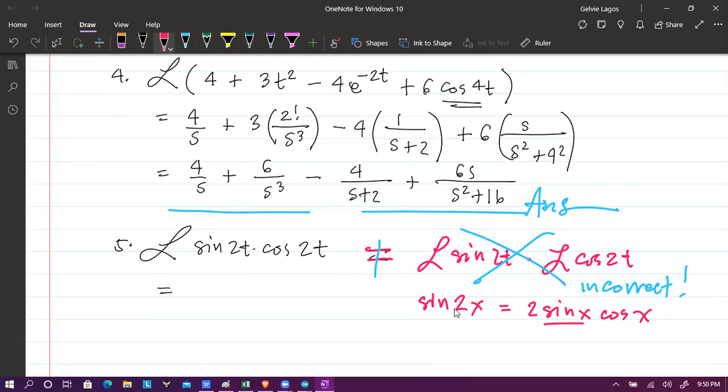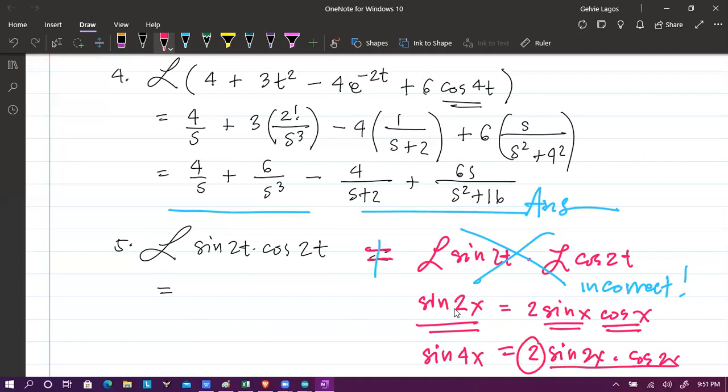Since we are given sine x and cosine x, in this case the angle becomes 4x at 2x. Now, if we are going to double the angle here, this will become 2 sine of 2x and cosine of 2x. On the other side, it will also double, so this will become sine 4x. Take note, this is your sine 2x and cosine 2x.